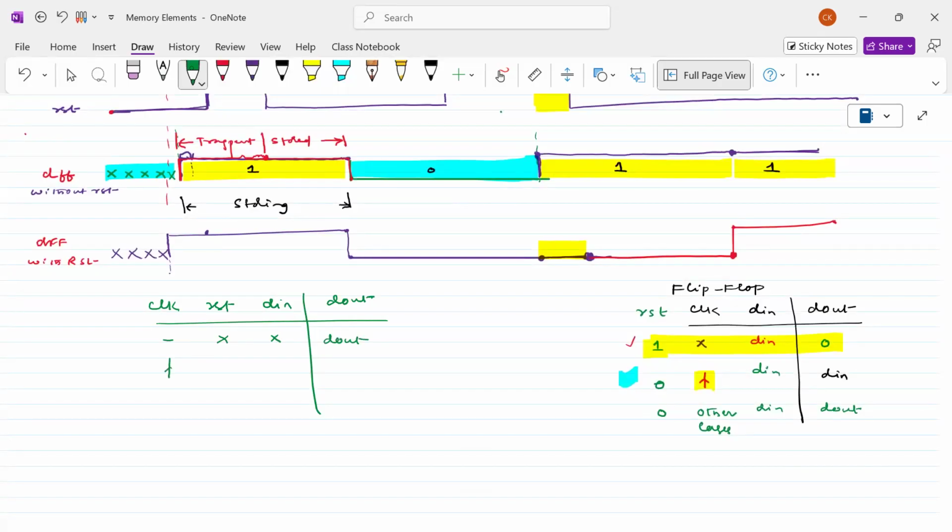If the positive edge of the clock is there and this is logic 1, whatever may be the DN, the output is 0. Did you get this point? The positive edge is there, and that too, high level is there.